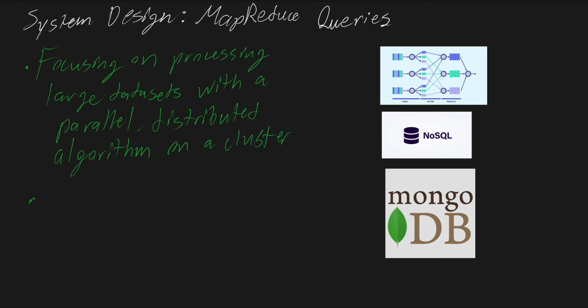And the following model for MapReduce querying is based on two main functions. One, the concept of the map, which is to process and transform data coming as an input.